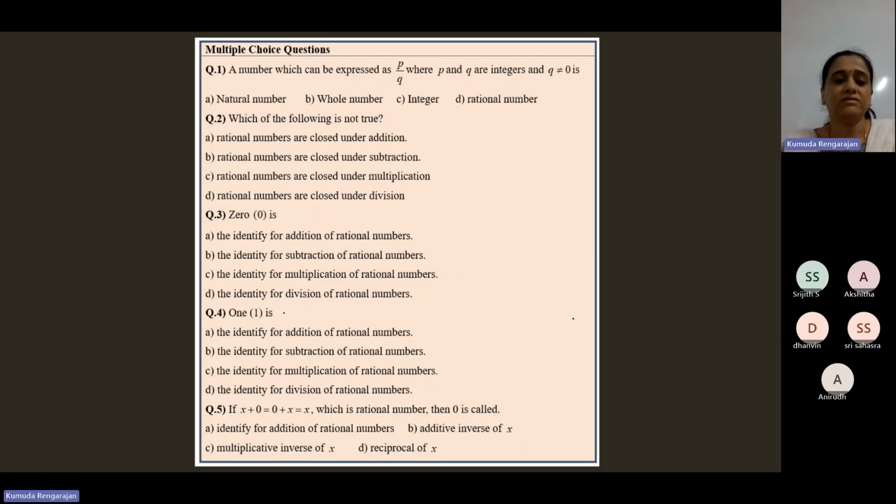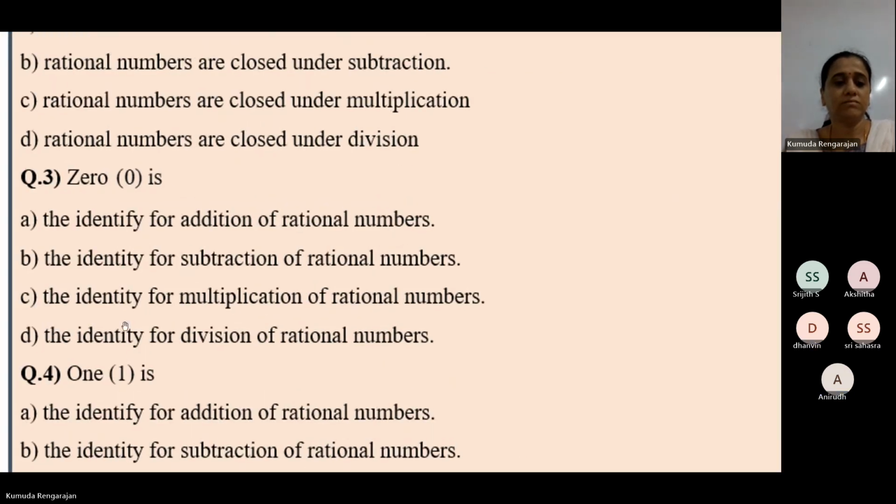Zero is... go through the options and tell me the correct option. Ma'am, identity for addition of rational numbers. A. It's not identify, it's identity, a typing mistake.